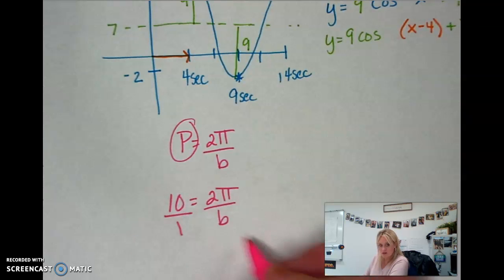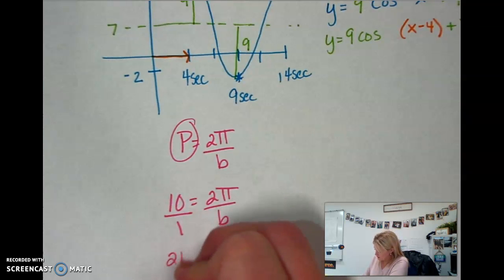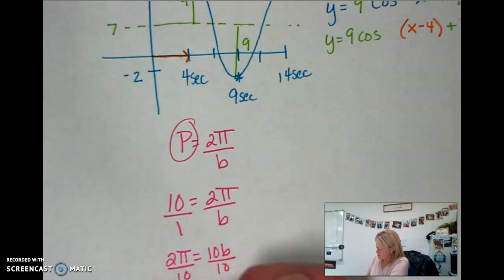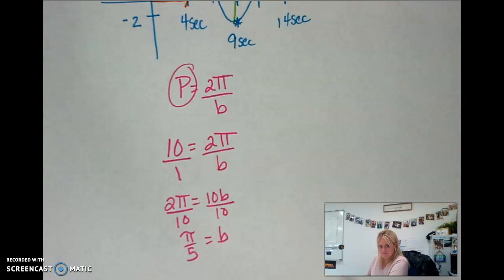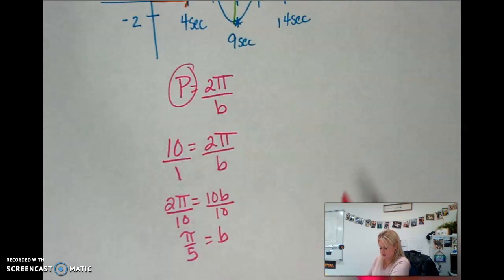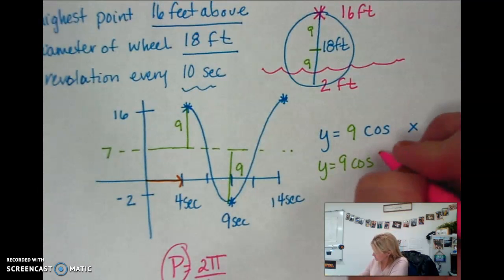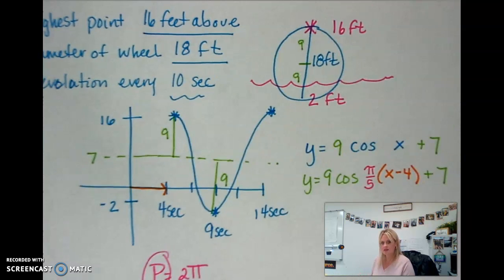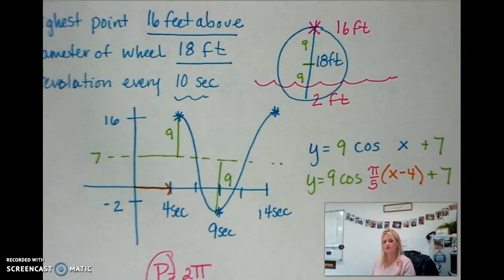If you want to, you can cross multiply: 2 pi times 1 is 2 pi, 10 times b is 10b. Divide both sides by 10, and this reduces to pi over 5. So this is my b. Remember, the b affects how to get to your period. Pi over 5.